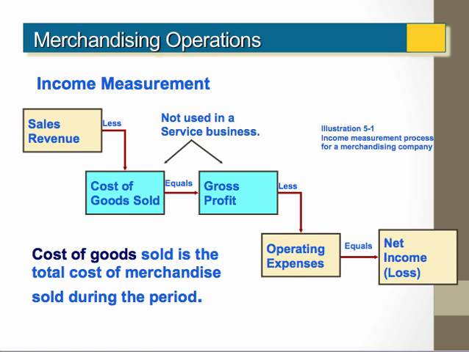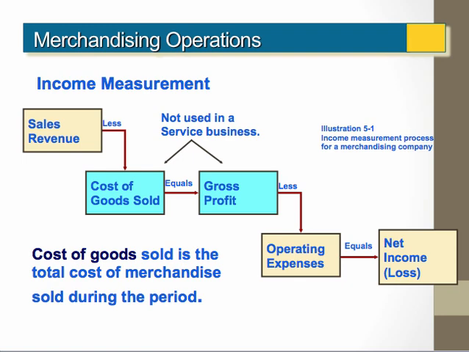So in the past, when we've been looking at an income statement, we were looking at revenues minus expenses. In a merchandise company, we want to expand that revenue minus expense equation to take a look at how much profit we make when we sell the product.